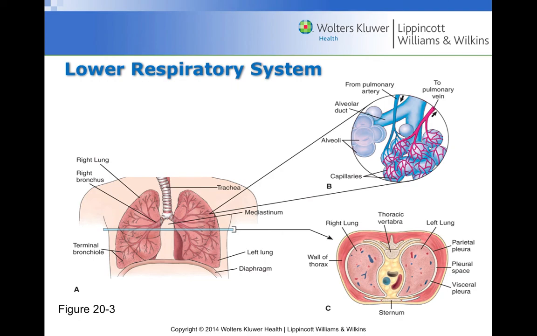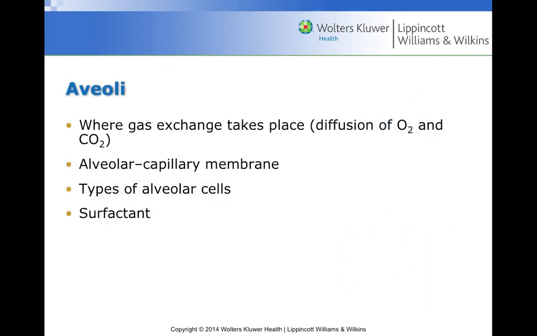Here is another illustration, which is pointed out in your text on 465 as well, which goes over the lower respiratory system. It points out your alveoli, your lungs, both the right and the left, and some of your other structures. Again, we look at the alveoli.